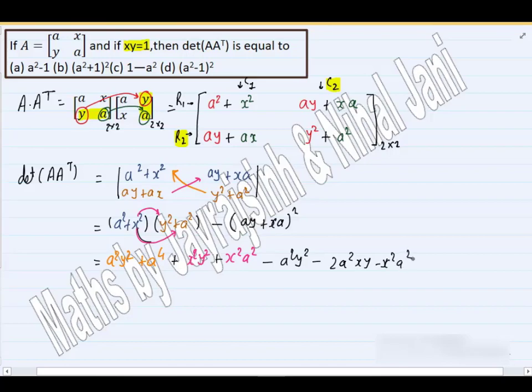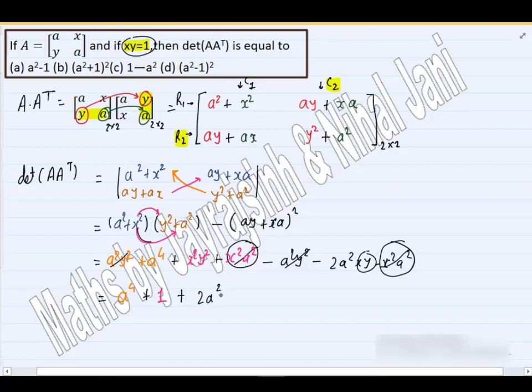So here x square y square will cancel out, and let's put the value of x into y is equal to 1. So a raised to 4 will be as it is, but x square plus y square will become 1. Then from these two terms can be cancelled out, and x into y is again 1.